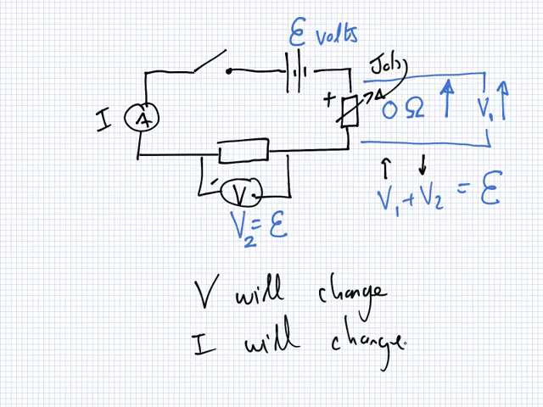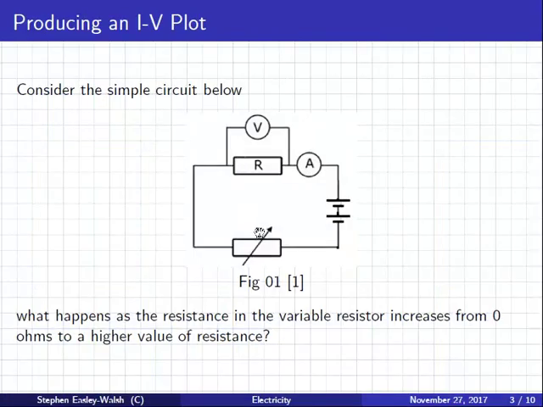And this is the reason why this circuit is important, because it can give us the IV graph for this or for any resistor. We'll see why this graph is important in a moment as well. So what I would like you to add is a note that the job of this is actually to change the voltage and the current. That's why the variable resistor is on the circuit.